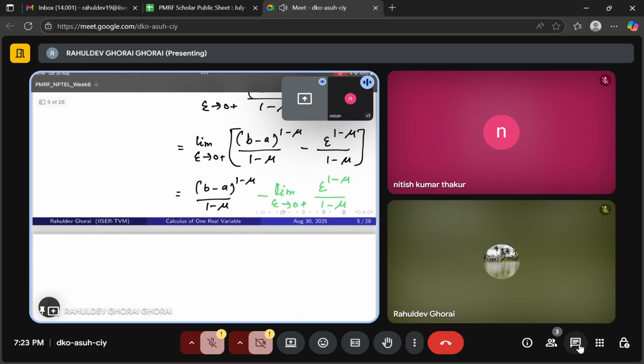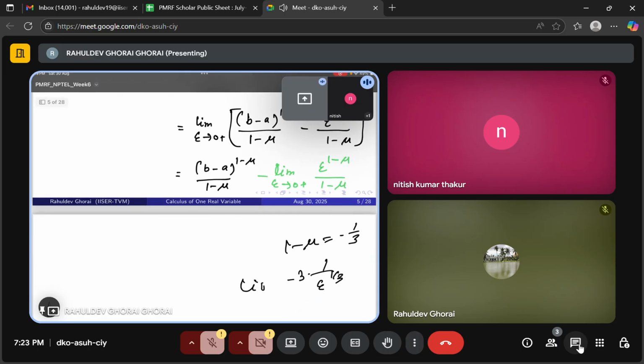If 1 minus mu is less than 0, let's say 1 minus mu is equal to minus 1 by 3, then it will be 1 over epsilon to the power 1 by 3. And as epsilon tends to 0, this will blow up, right?